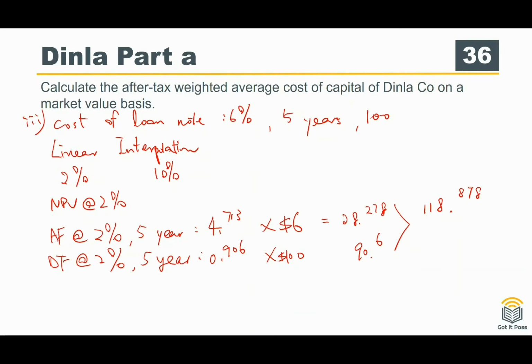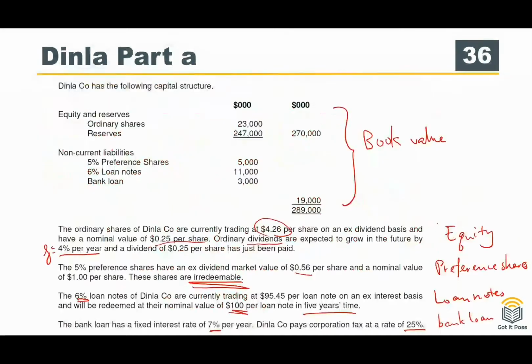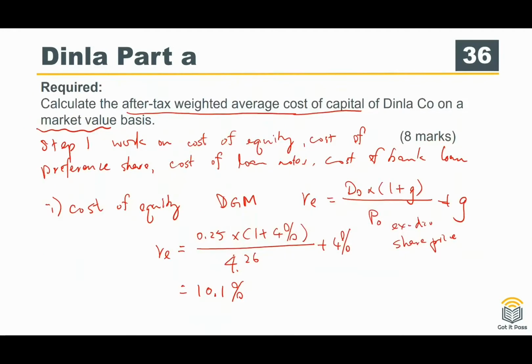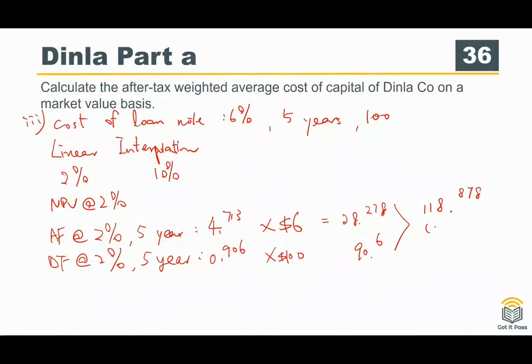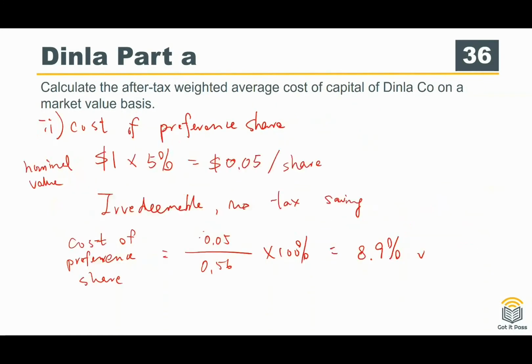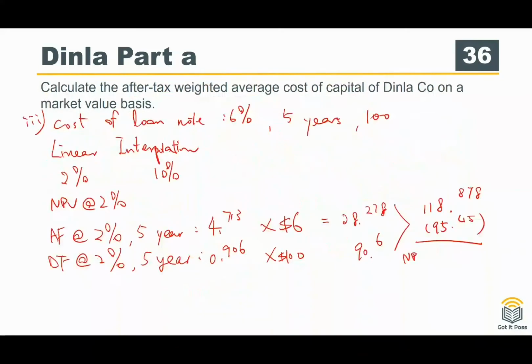Okay, what's your investment? Your initial investment is $95.45. So in other words, your NPV is $23.428. Okay, here is the 2%, the net present value at 2%.